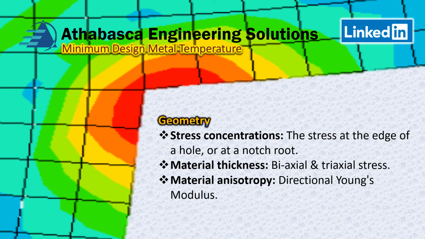I know in manufacturing there can be directionality with the grains, and it will affect the Young's modulus. And some clients will ask that impacts be done in multiple directions to ensure that the properties are good in all the directions.